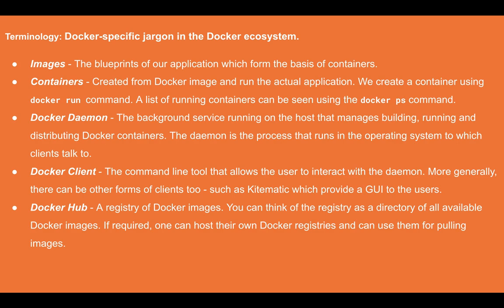Containers are created from a Docker image and run the actual application. We create a container using the docker run command. A list of running containers can be seen using the docker ps command.